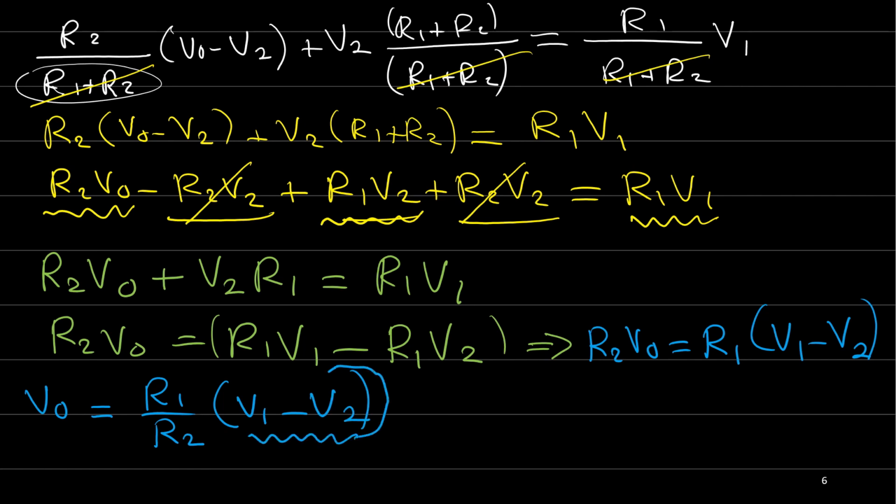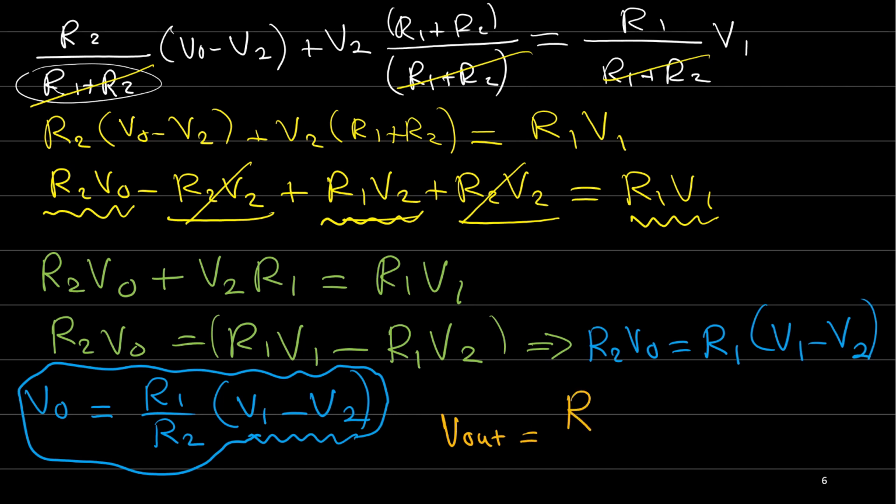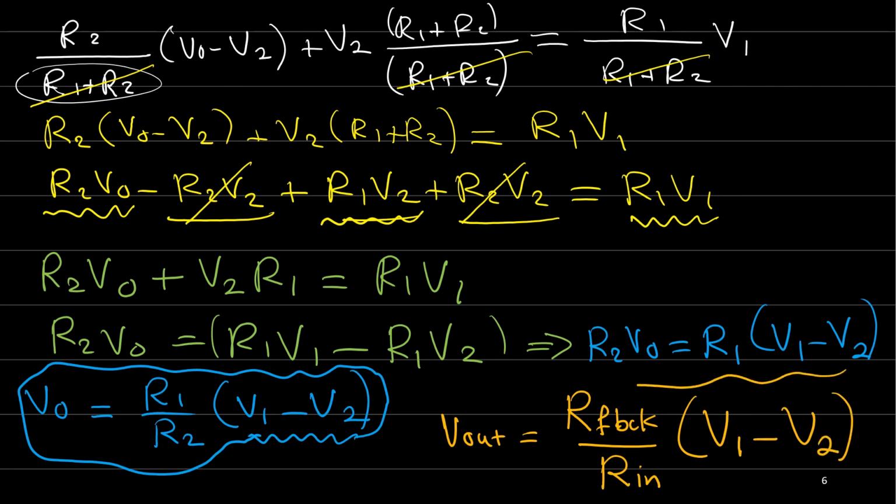So this is the final equation. V out equals R1, which is the feedback resistor, over R2, which is the input resistor, times V1 minus V2, where V1 and V2 are the inputs. And this is a subtractor.